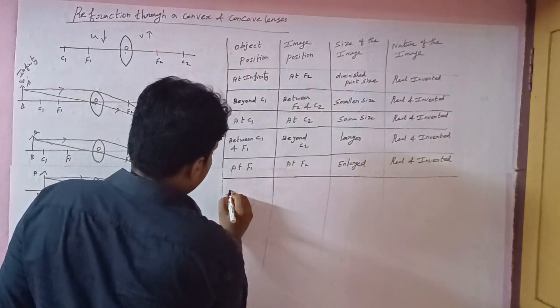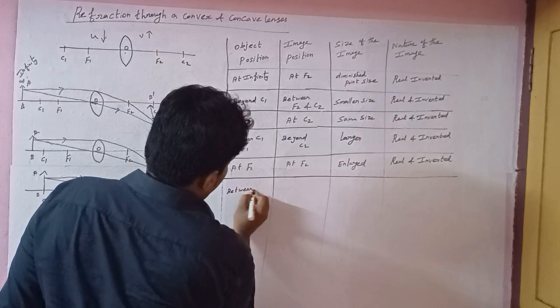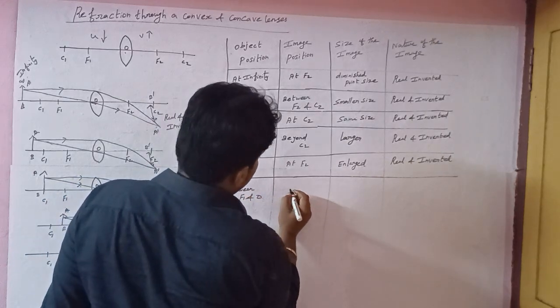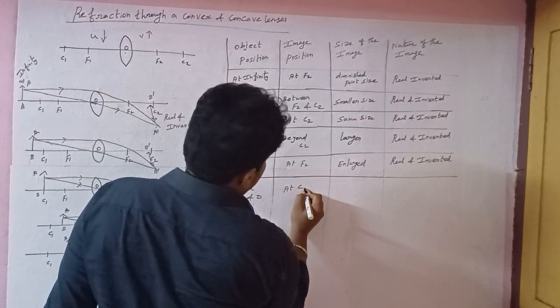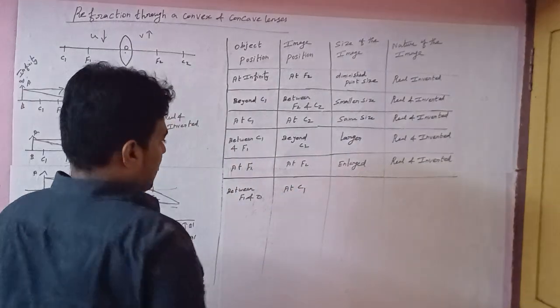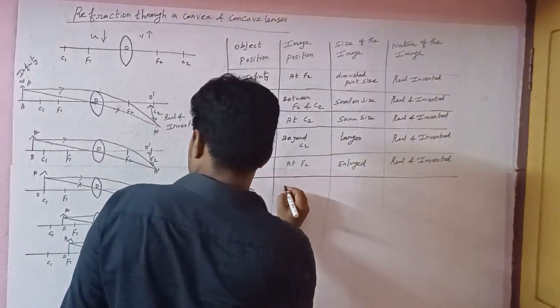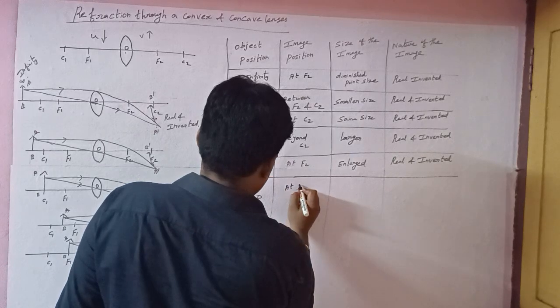Listen here. The object is placed between F1 and O. So the image position is at C1, the image position at C2.